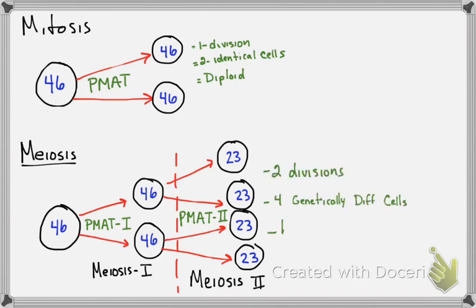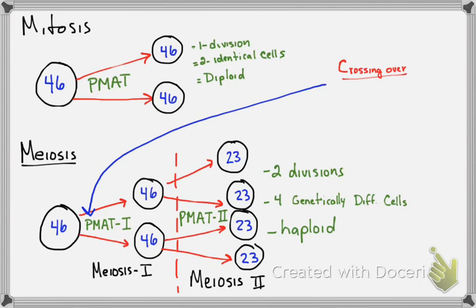In general, meiosis has two divisions: meiosis 1 and meiosis 2. We said that it creates four genetically different cells, which are haploid, meaning half of the genetic information that was in the original cell. So that's meiosis 1 and meiosis 2.